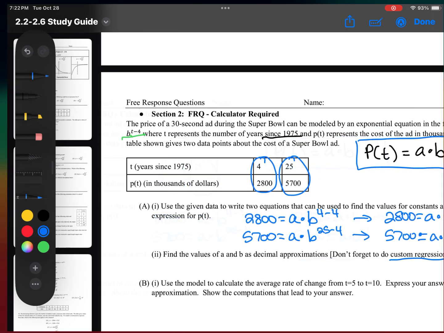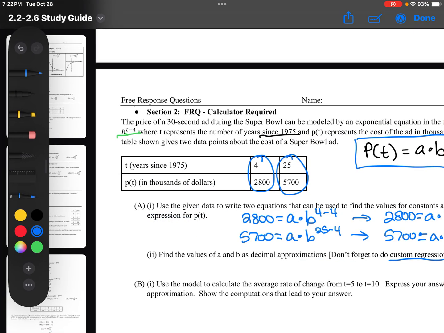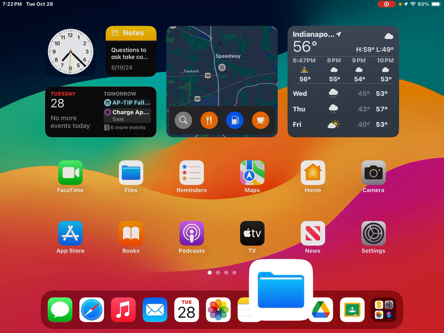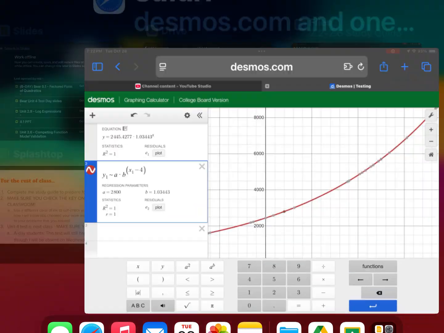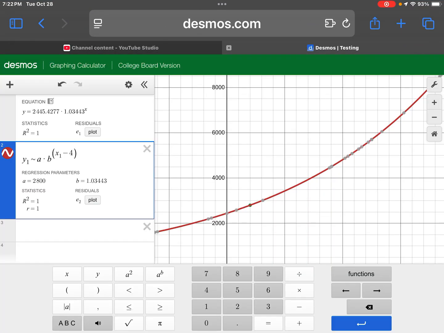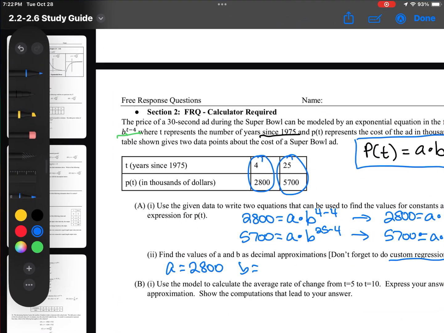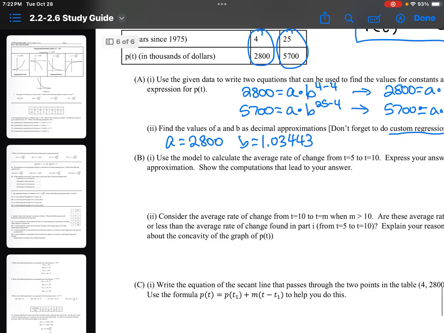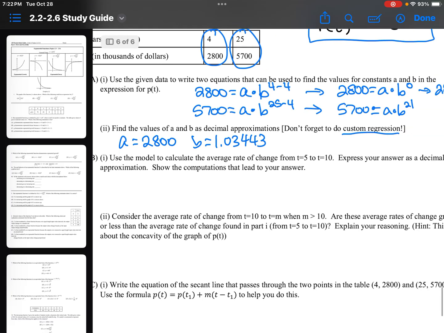So I'm going to go back to my study guide and say A equals 2800 and B is 1.03443.